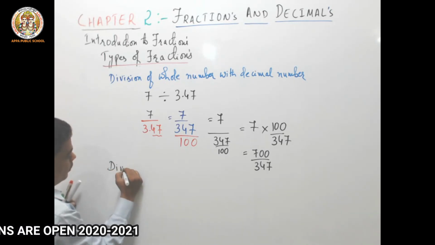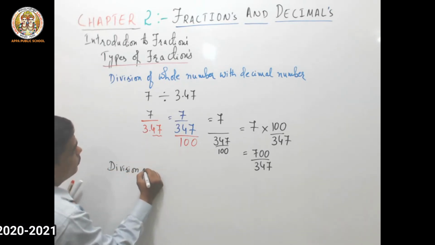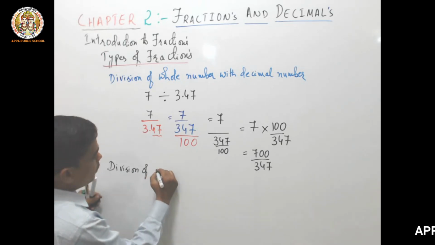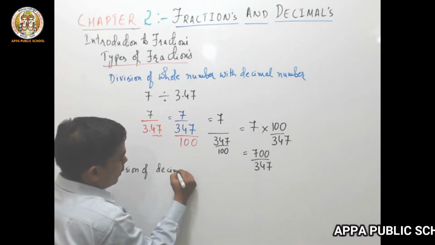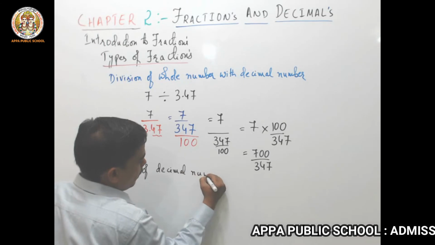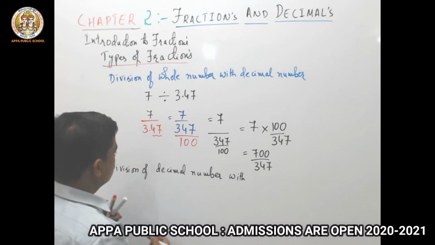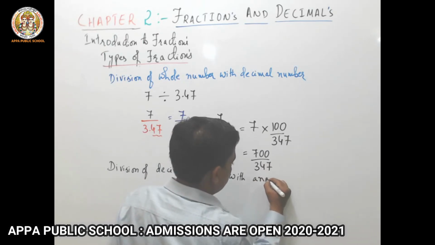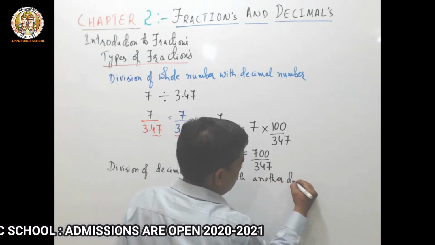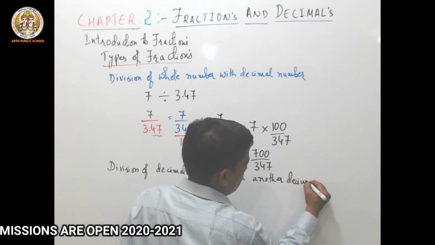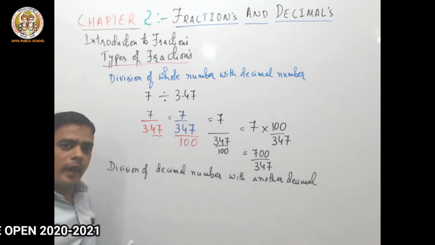Next, division of a decimal number with another decimal number.